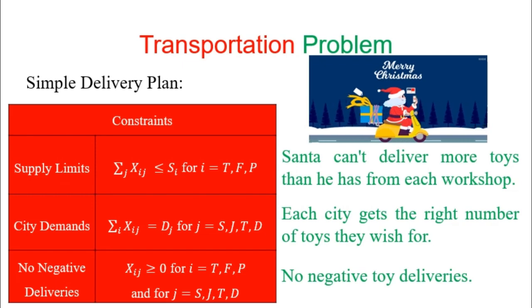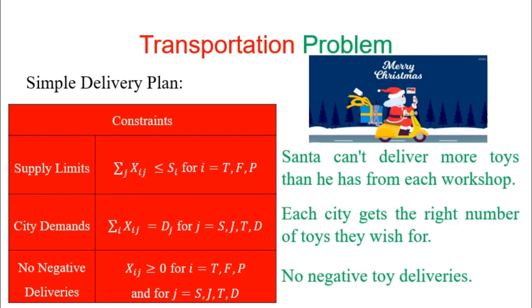So Santa cannot deliver more toys than he has from each of the workshops, and each city getting the right number of toys they wish for is the most important part of his delivery operation. And also there can be no negative toy deliveries. So with respect to these conditions, we have the first constraint, that is supply limits.